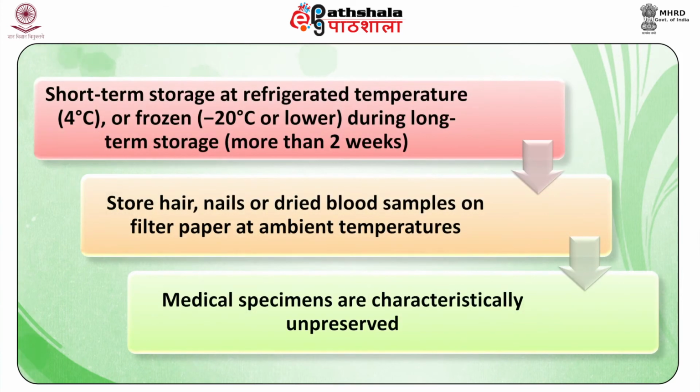Short-term storage at refrigerated temperature, that is 4 degrees Celsius, is suggested for most of the samples, or frozen at minus 20 degrees Celsius or lower during long-term storage, that is more than 2 weeks. Exceptions to this contain hair, nails or dried blood samples on filter paper, which can be stored at ambient temperatures, whereas medical specimens are characteristically unpreserved.